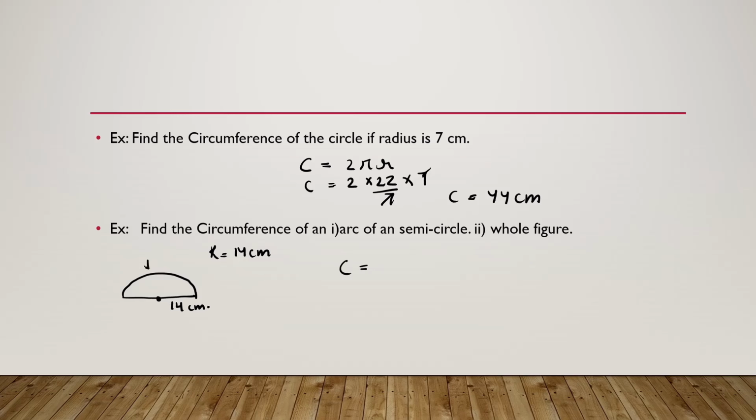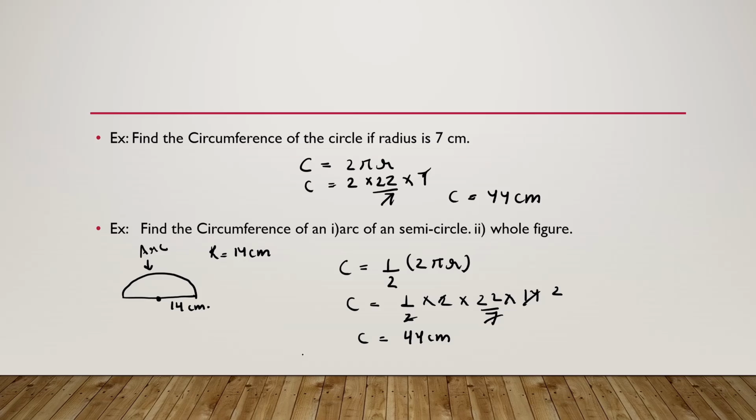Arc is this curvy area, this is called an arc. Circumference equals half into 2 pi r, equals half into 2 into 22/7, and the radius is given 14. This 2 will cut, and the value will be 44 centimeter. It is just for the arc.